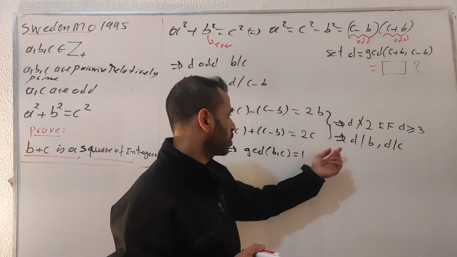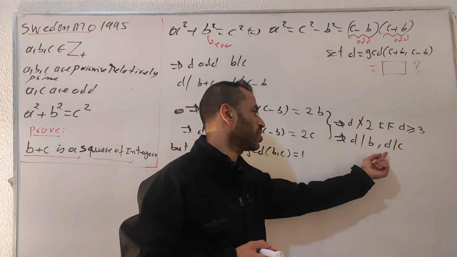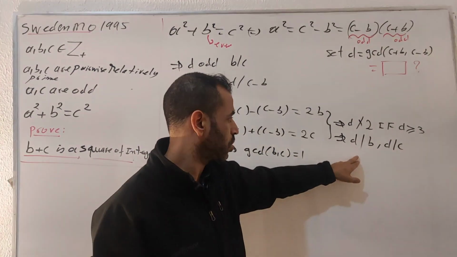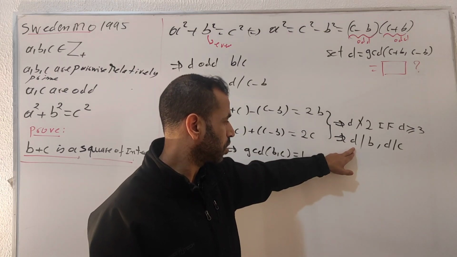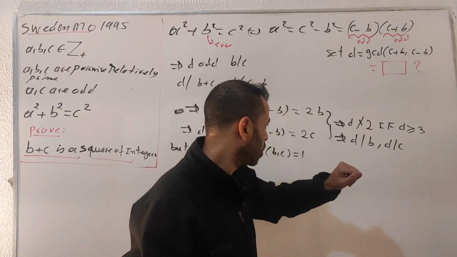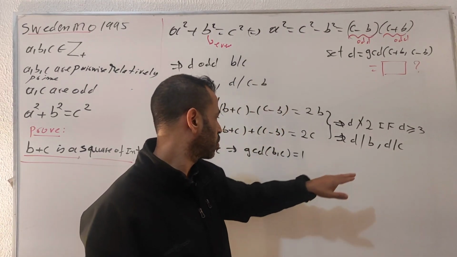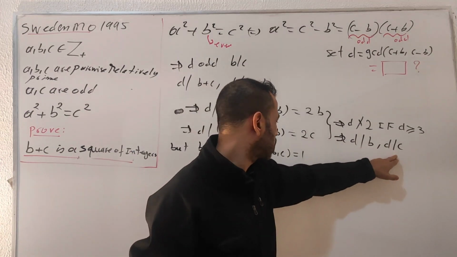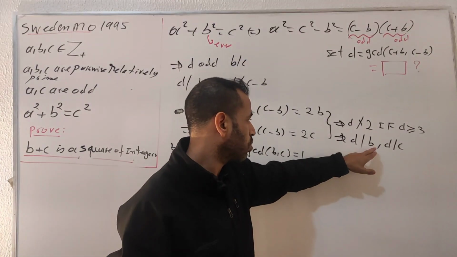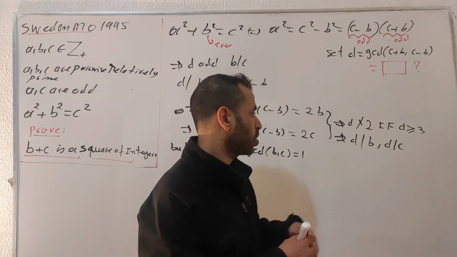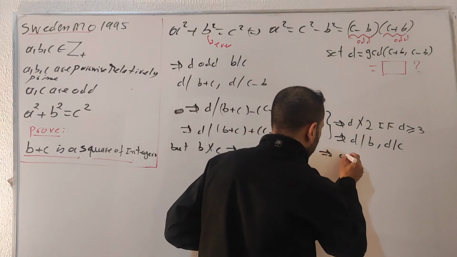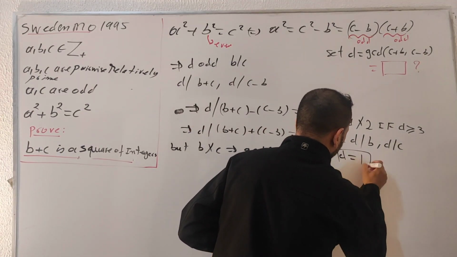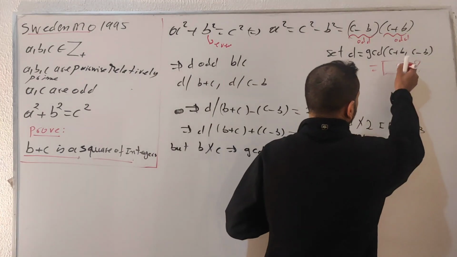So we have three pieces of information: D divides both b and c, D is odd, and b and c are relatively prime, which means D must equal 1.